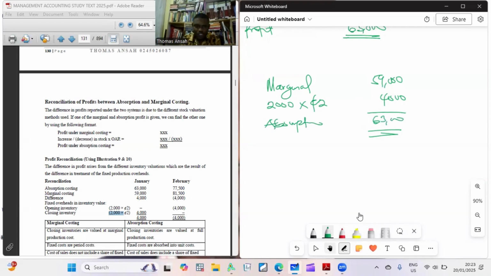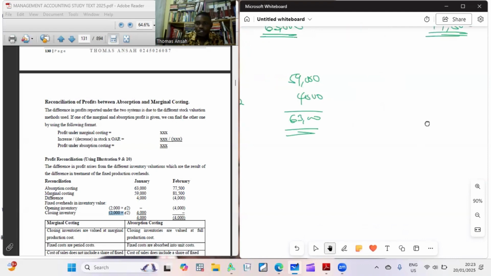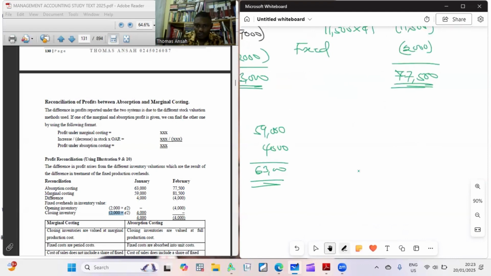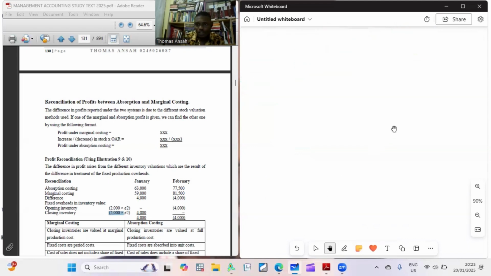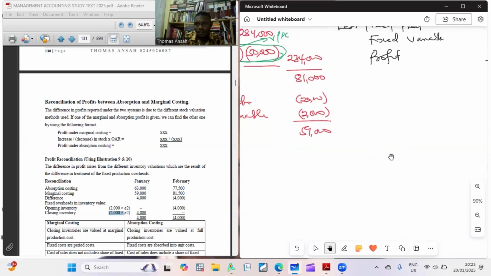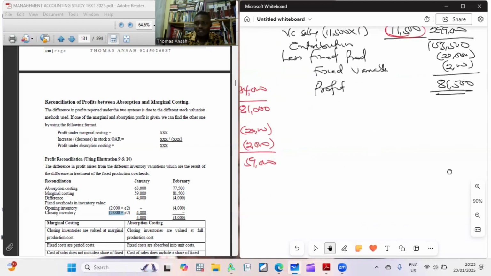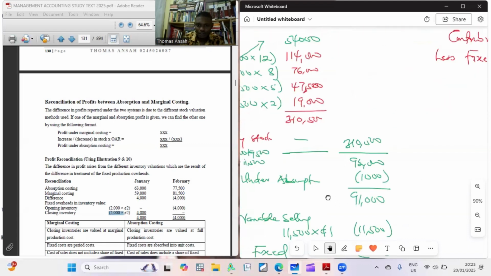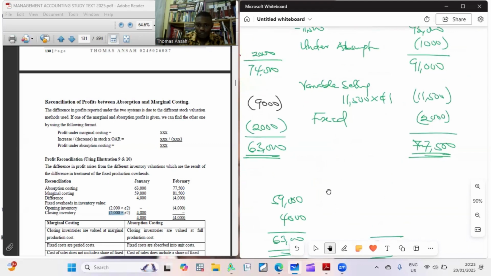If you go to February, the same thing. In February, this one, we had 77,500. But in marginal, how much do we have? In marginal, we have 81,500.